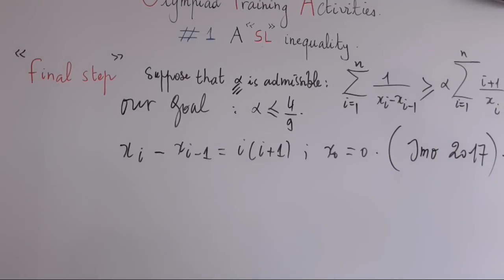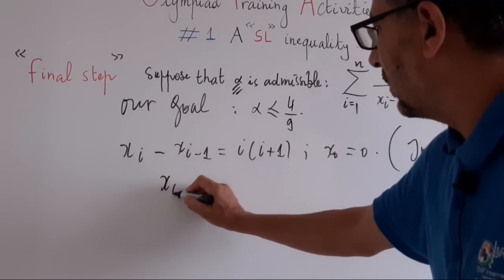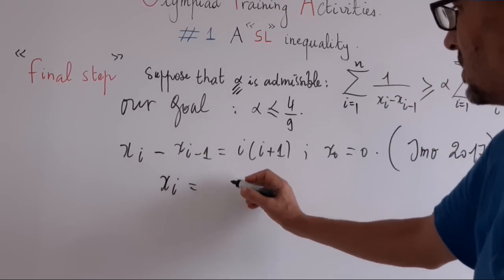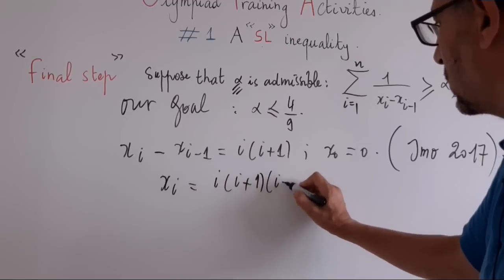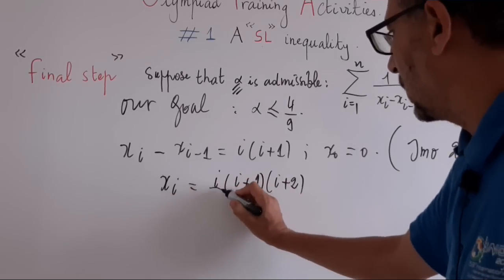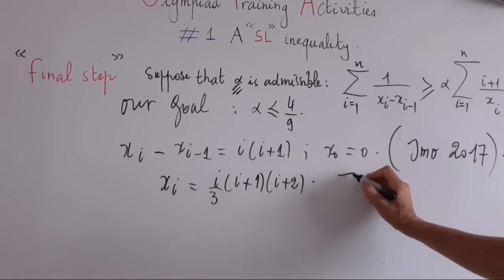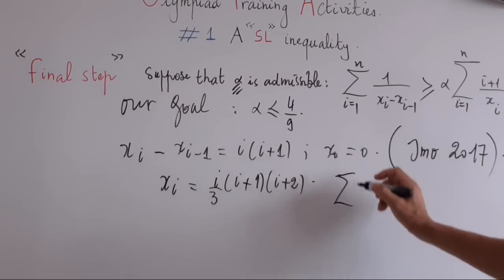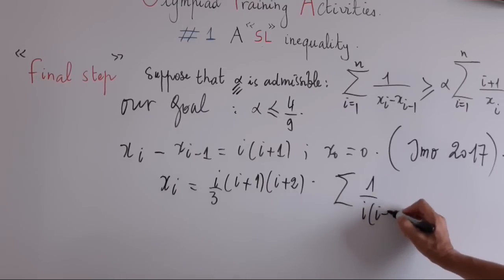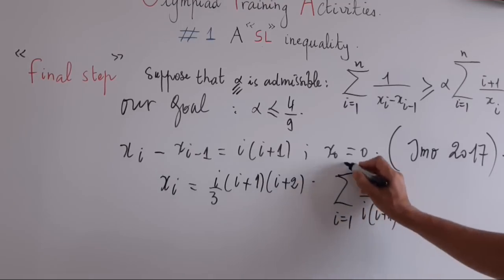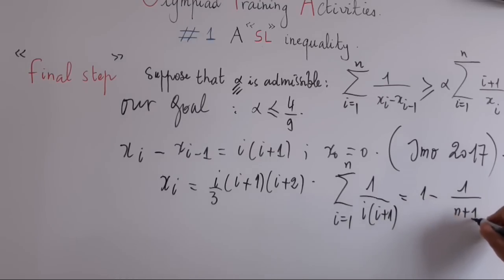Okay. Now, by straightforward calculation, one can find easily that this sequence is i plus 1, i plus 2 times 1/3. And so this expression here is equal to the sum of 1 over i plus 1 from 1 to n, which equals 1 minus 1 over n plus 1.